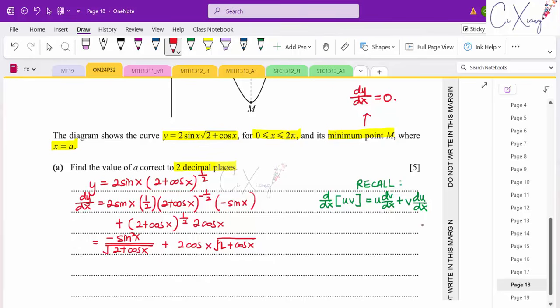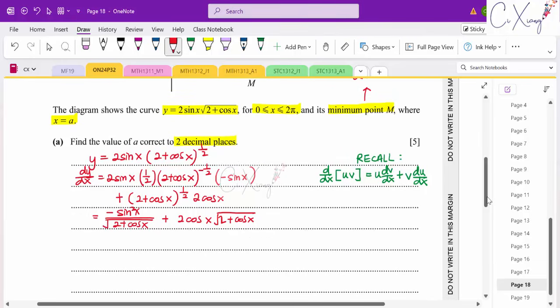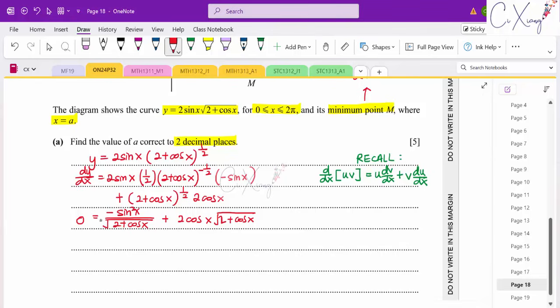Okay, then I know that M is the minimum point. Therefore, I have to let dy/dx equal to 0. When I let it equal to 0, I want to solve this equation so that I can get the value for x. So bring this term over, it will become a plus. So I'm having sine square x divided by the square root of 2 plus cos x equals to 2 cos x times the square root of 2 plus cos x.